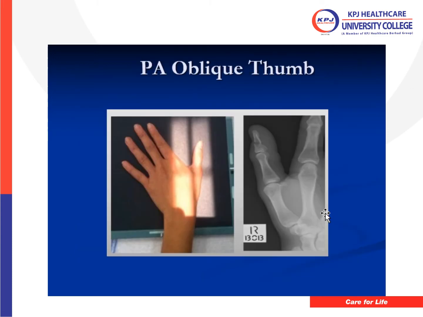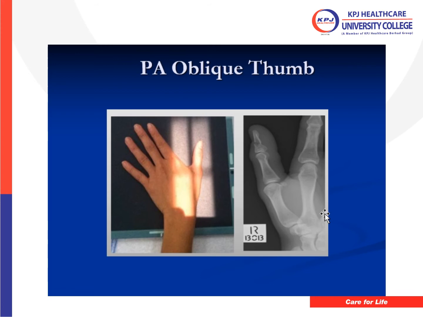Okay, go for the PA oblique of the thumb. Earlier we did PA or AP, and then lateral, and now oblique. For the oblique, you place the hand without the immobilization aids.